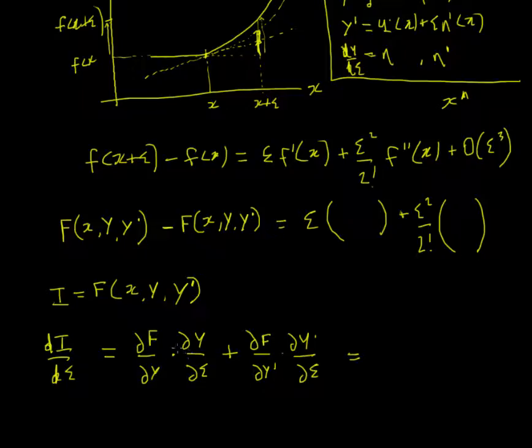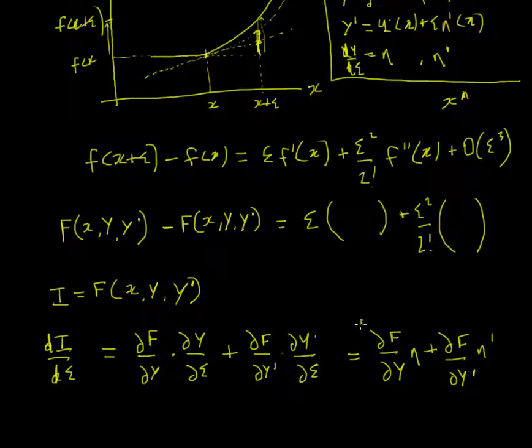Now we already know that partial y by partial epsilon equals our value eta, and partial y derivative by partial epsilon is eta derivative, so that can be written as partial f by partial y times eta plus partial f upon partial y derivative times eta derivative.